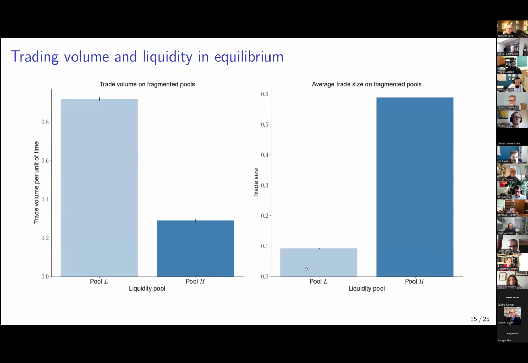And we get basically the puzzle, right? The volume is going to be much larger on the low fee pool because you have both small and large traders, and the average trade size would be higher on the high fee pool because you're only getting the large people coming in.